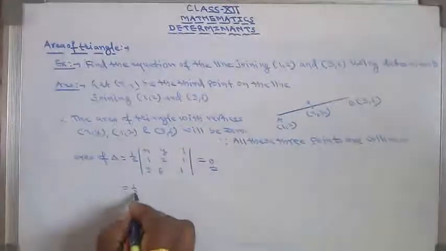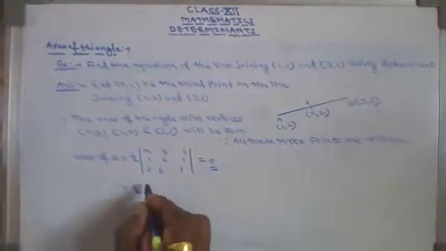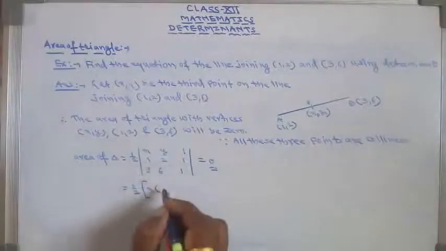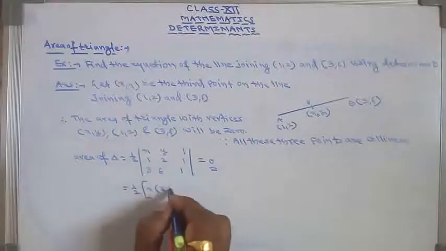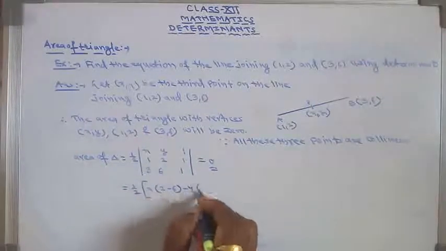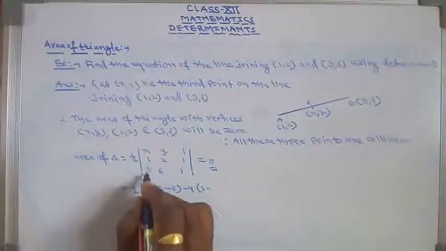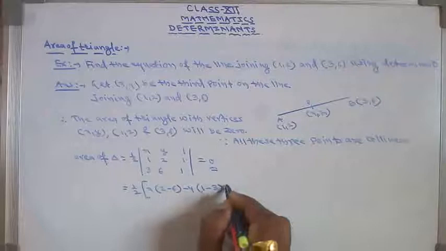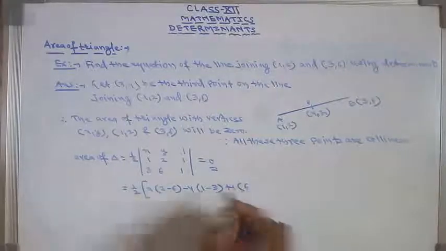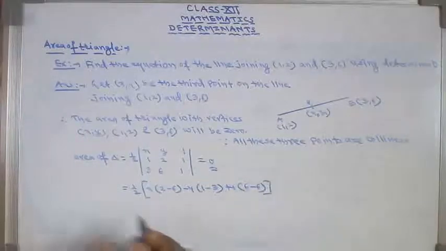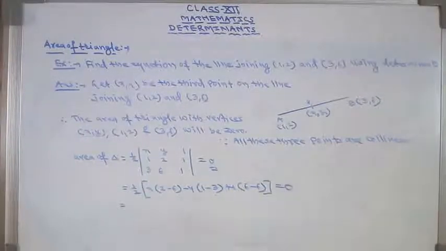So this is half into x into (2 minus 6), minus y into (1 minus 3), plus 1 into (6 minus 6), that is 0. This equals 0.